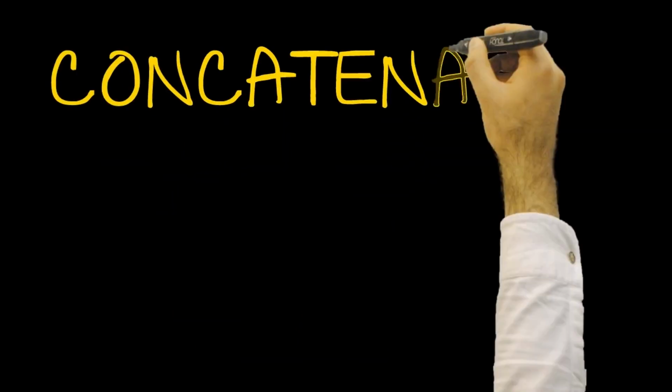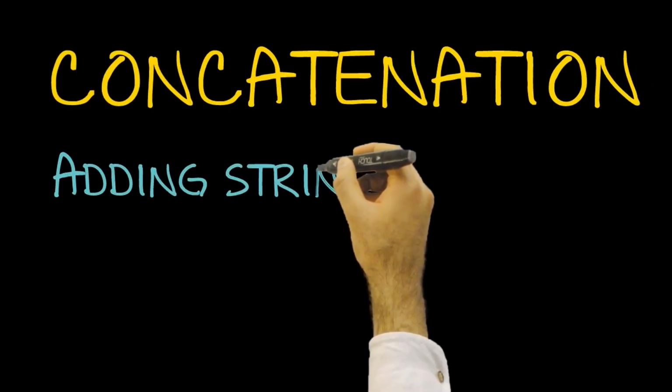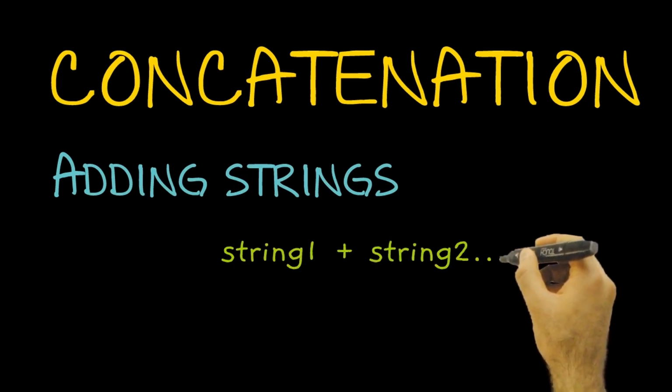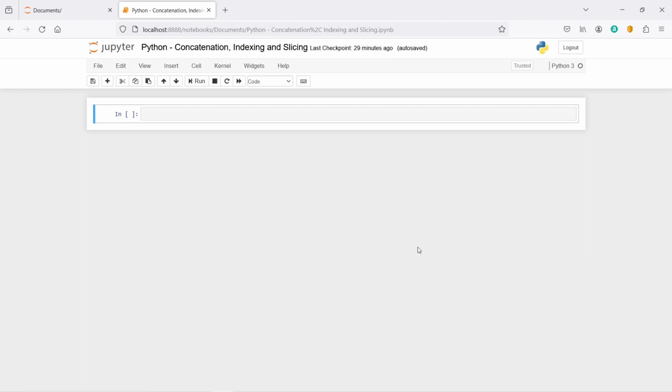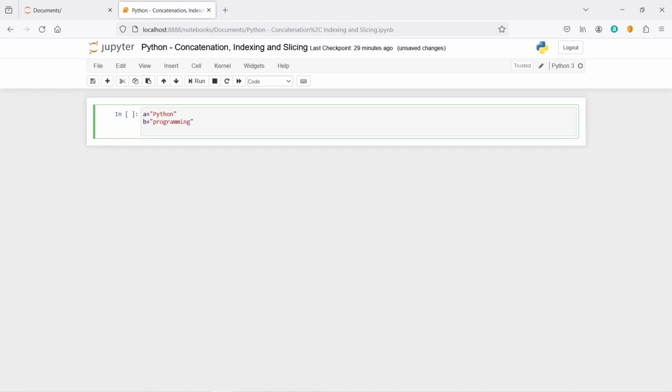String concatenation is simply adding strings together. You may use the plus sign or comma to concatenate strings in Python. For example, if we assign strings to the variables, let's say a equals the string Python, then b equals the string programming, and then c equals the string is, and then d equals the string fun.